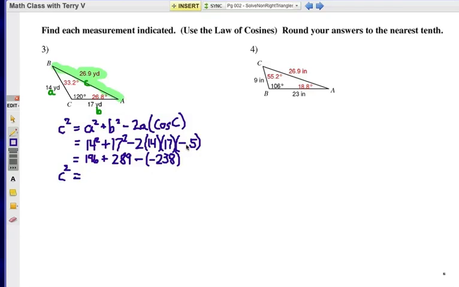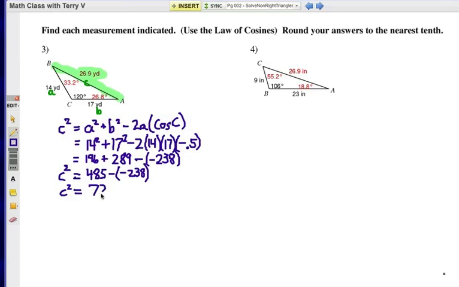Okay, interesting. Some of the sine and cosine values will be negative depending on what angle it is. So now we have these 2 numbers here minus a negative 238. So if we're subtracting a negative, that really becomes an addition operation, right?